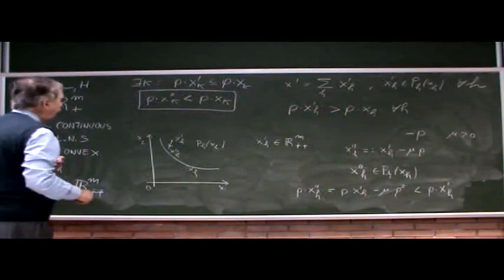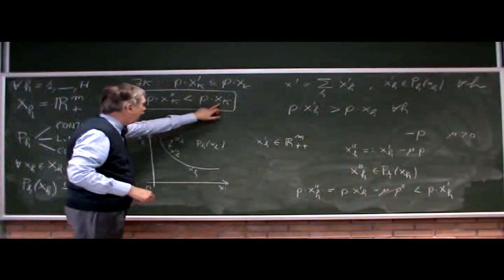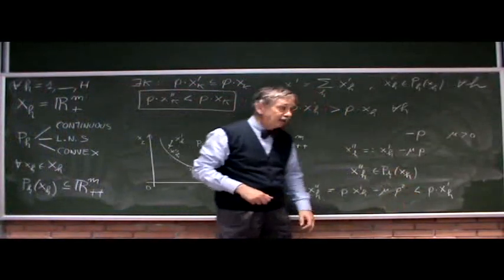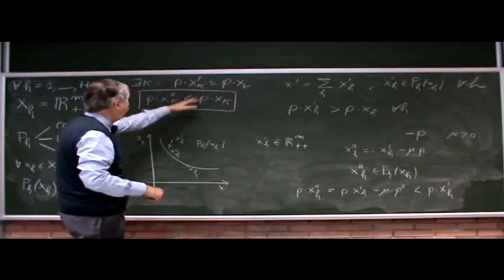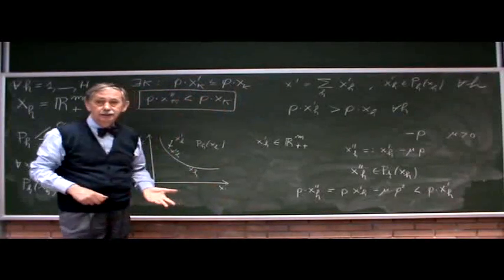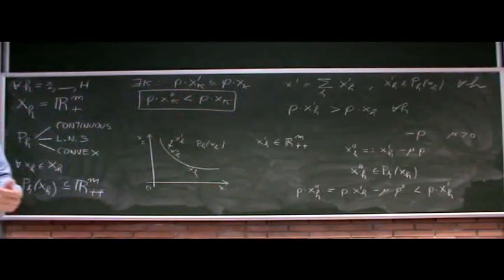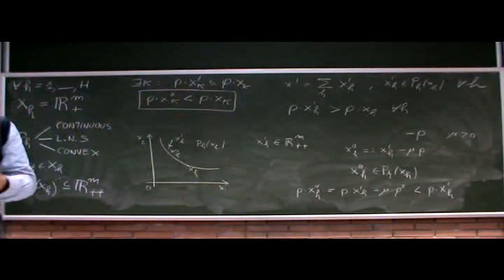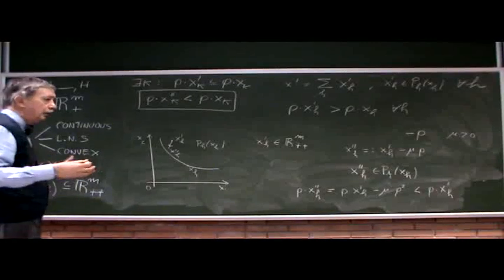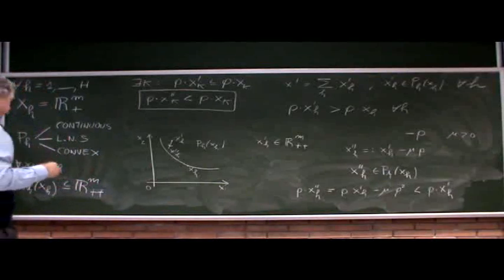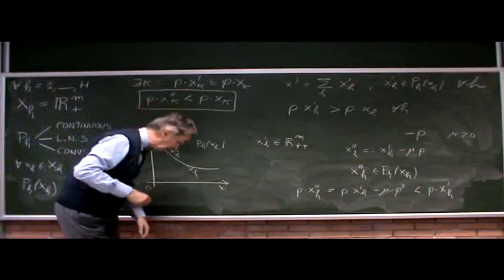So substantially this means you can pass from xk to x double prime k, which is preferred to xk, by saving some money. You can obtain, if there is a utility function, a greater utility by reducing your expenditure. Utility functions do not necessarily exist, but however. Is it clear?